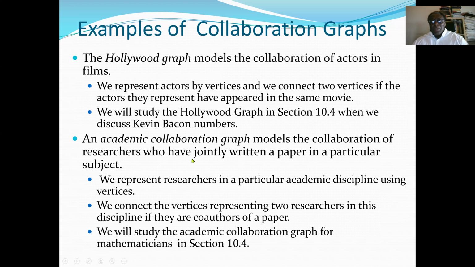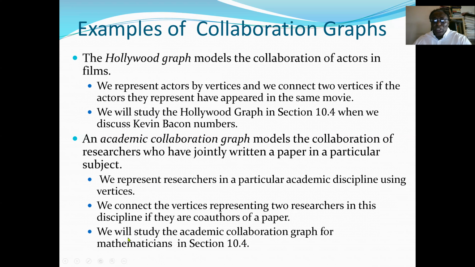Also, we have the academic collaboration graph, which normally models the collaboration of researchers who have jointly written a paper in a particular subject. Here we can represent researchers in a particular academic discipline using vertices.